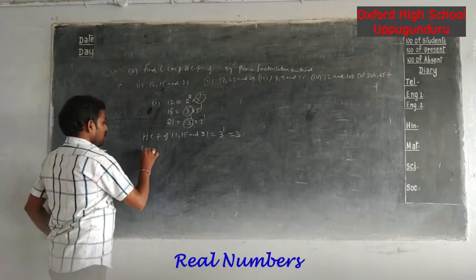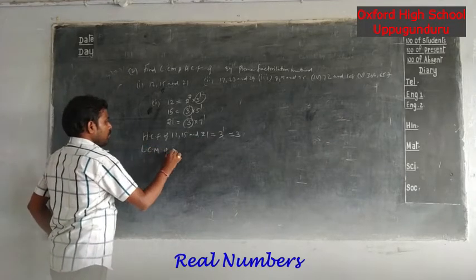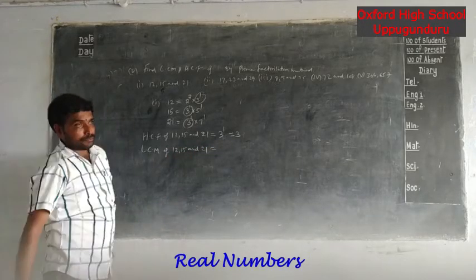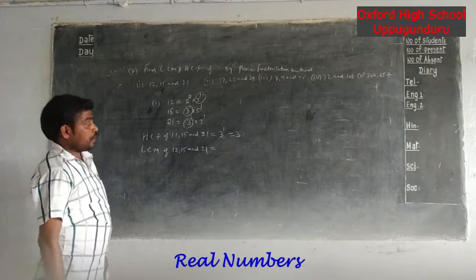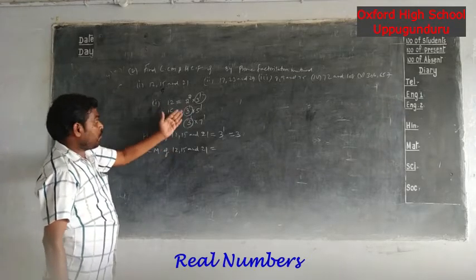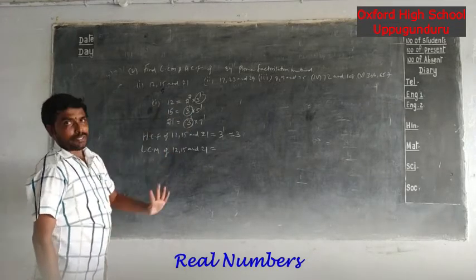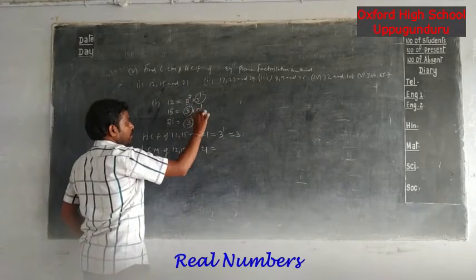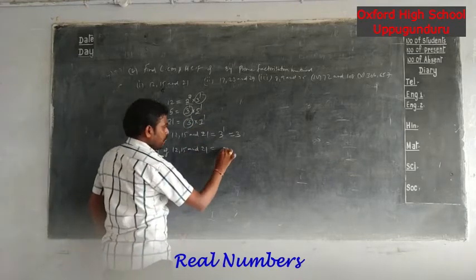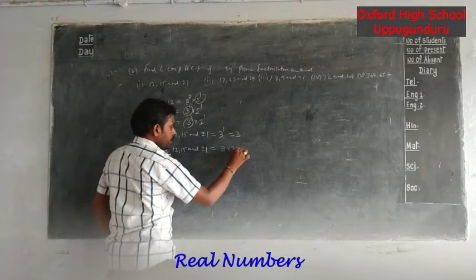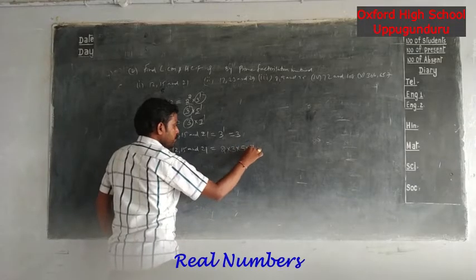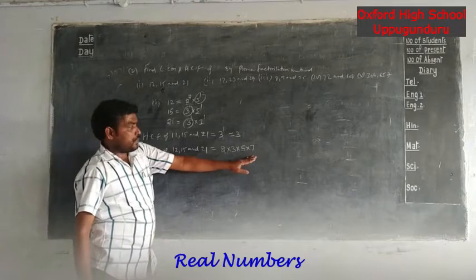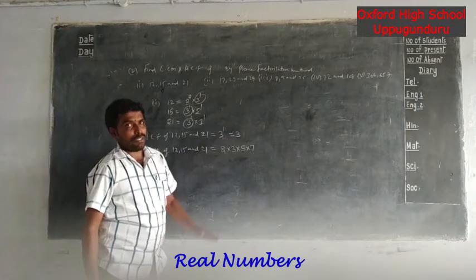Next one. Coming to LCM. LCM of 12, 15 and 21 equal to, you have to write how many different prime numbers are there for all these three numbers. That product you have to write first. What are the different prime numbers? 2, 3, 5, 7. These are the different prime numbers. That product you have to write: 2 into 3 into 5 into 7. After writing the product of all these different prime numbers, you have to write highest powers of all these.